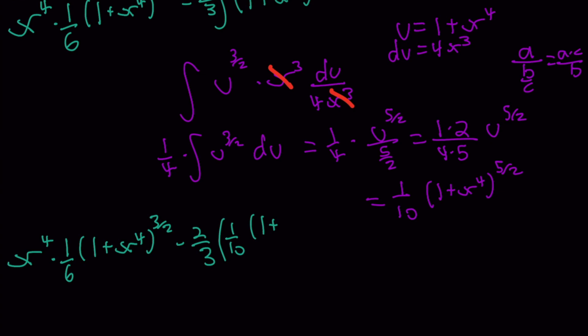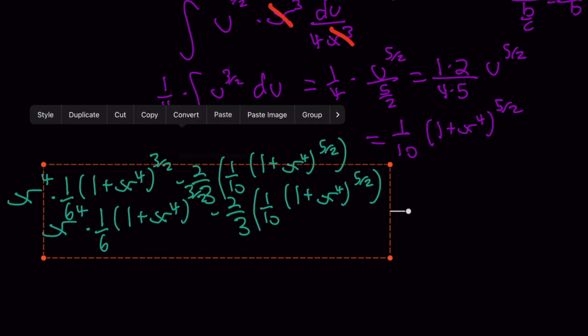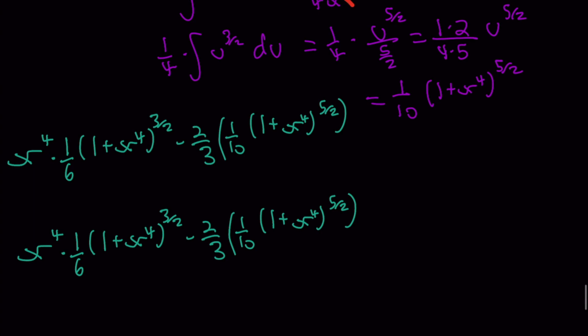I can't stress the brackets enough, just for not forgetting the little things. Now we just distribute. Yeah, I'm not writing all that again. So it's really just 2 times 1 and 3 times 10. So we have 2/30, which is going to equal 1/15 plus c. And that's it.